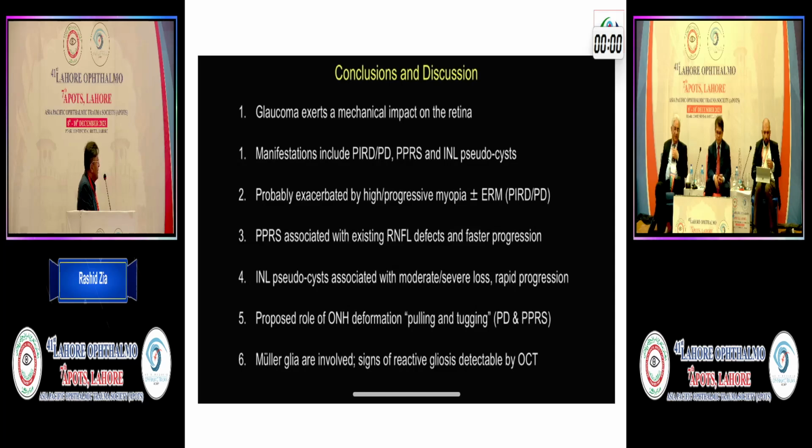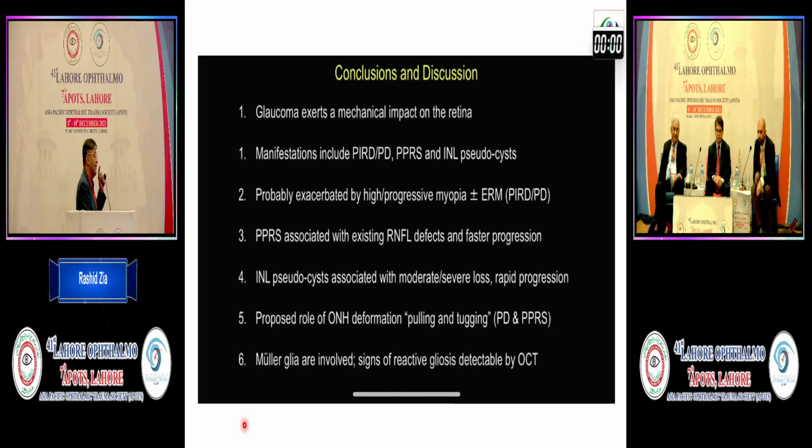I'll finish with the conclusion that all of these things, the inner nuclear layer defects, the cyst, the PERD, the peripapillary schisis, they're all related to the same family. They're actually the same thing, but they may appear differently on different scans. And they are all due to the mechanical shearing and the mechanical properties of the retina.